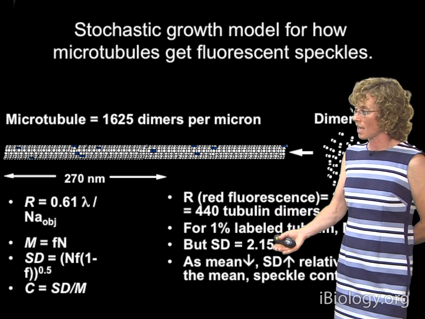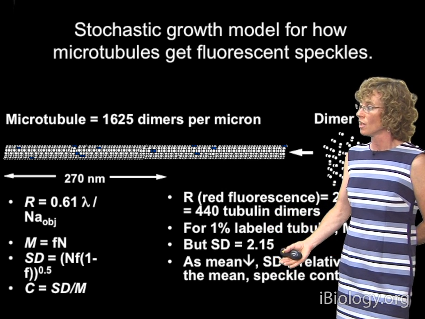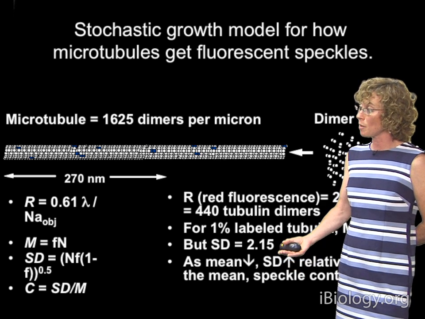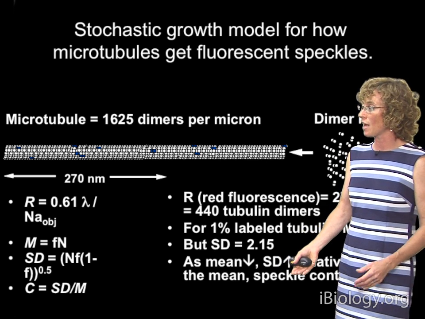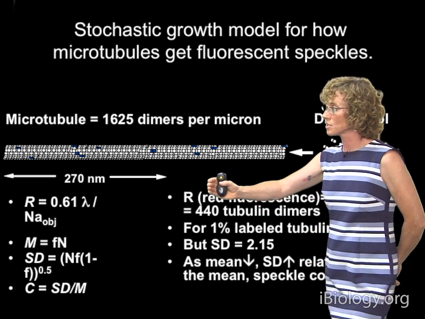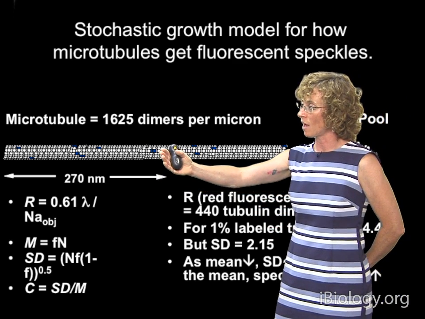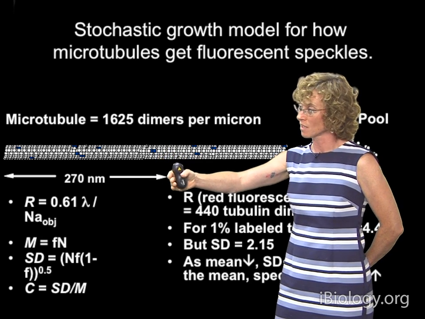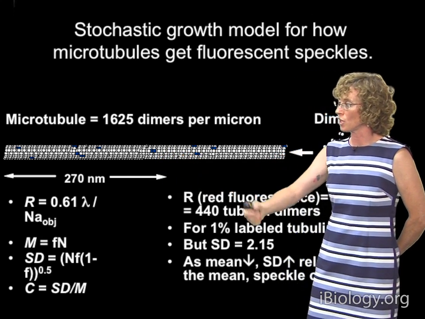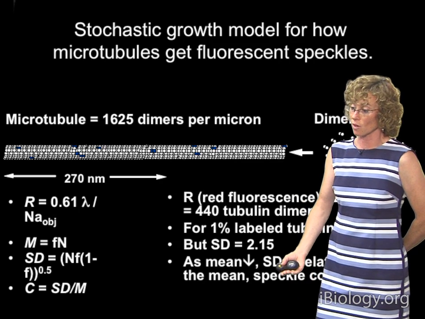And as the mean goes down and down, the standard deviation of the number of fluorescent dimers per diffraction-limited image region goes up relative to that mean, giving rise to basically a speckle contrast, where in one diffraction-limited image region you might have 4 or 6 fluorescent dimers, and in the adjacent region you might have 0.